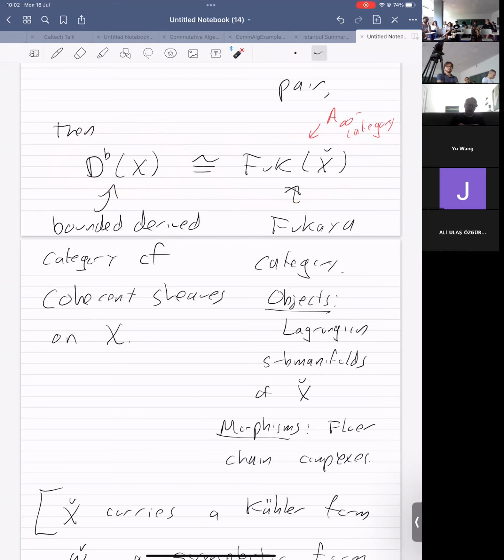And the Hochschild homology of the bounded derived category involves some sum of Hodge groups. And so, again, you have to use some additional information. Dimension 3, I think, is true, but may not be true in higher dimension. But I don't know if we know any counterexamples.